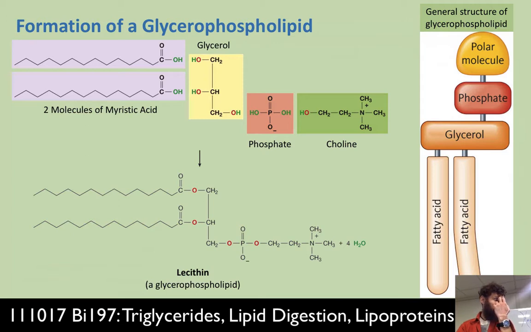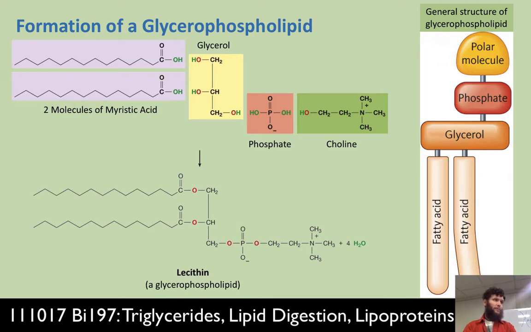Phosphate is a nice bridge between the glycerol backbone and the choline on the end. It doesn't always have to be choline as the polar molecule sticking off the end, but it is choline when we consider lecithin.